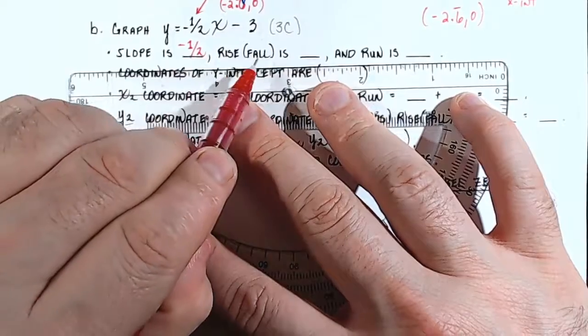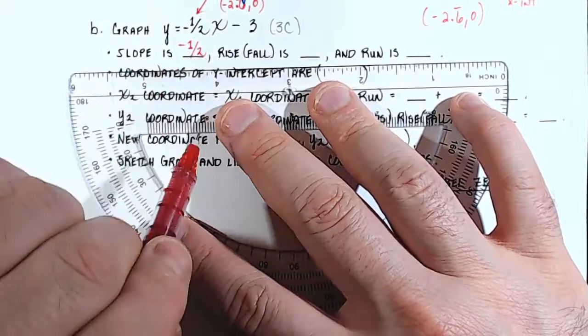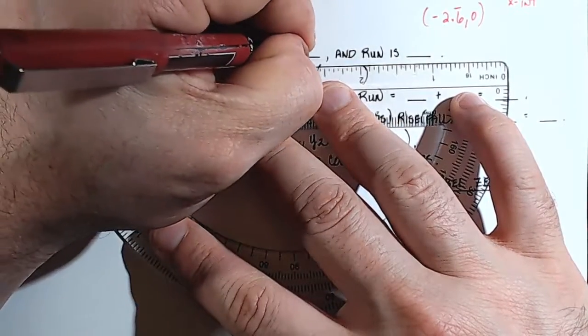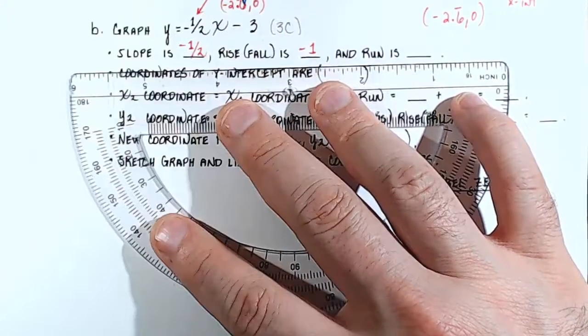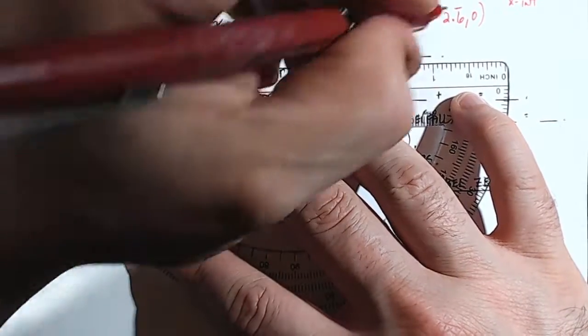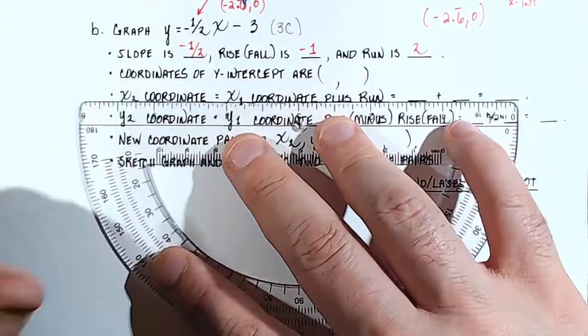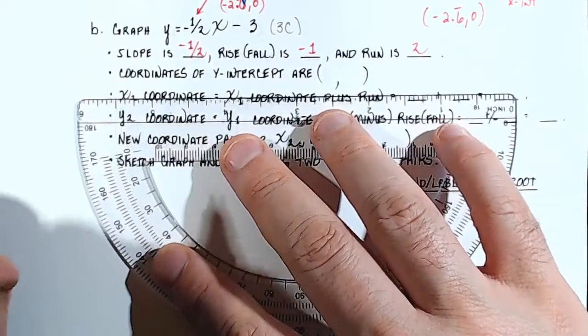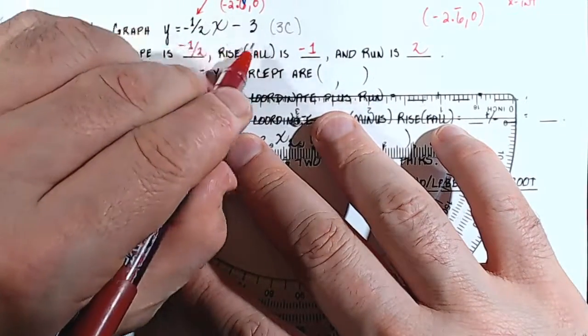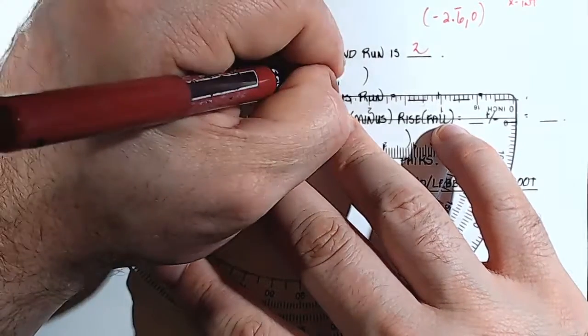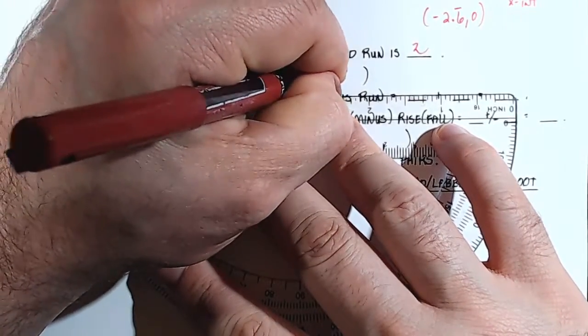And in this case, we have a fall. The fall is negative 1. That's the movement on the y-axis. And the run is 2, the movement on the x-axis. The coordinates of the y-intercept for this problem are 0, negative 3.